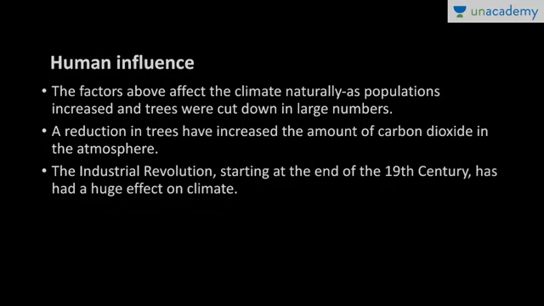Okay. Now coming on to the anthropogenic factors. Now after the Industrial Revolution, there has been this whole industrialization and urbanization taking place. Due to this, the forest cover has been significantly reduced. Since the forest cover has reduced, it has led to an increase in the amount of carbon dioxide. This increase in carbon dioxide as well as other greenhouse gases has led to the concept of global warming.